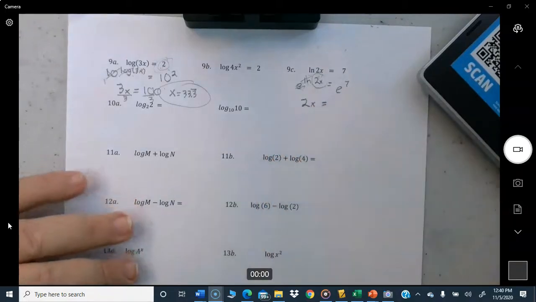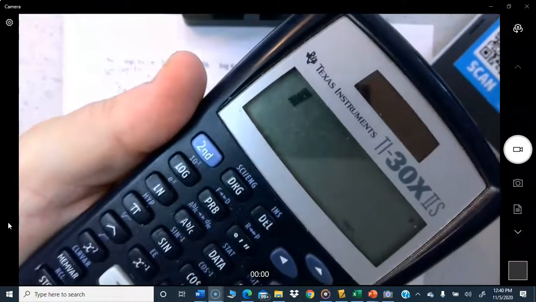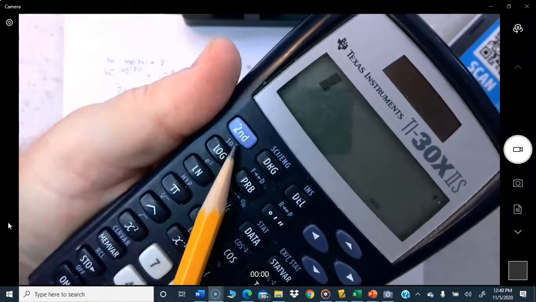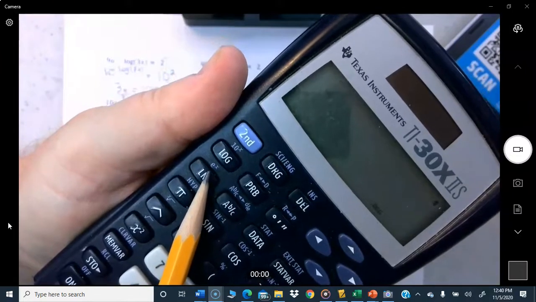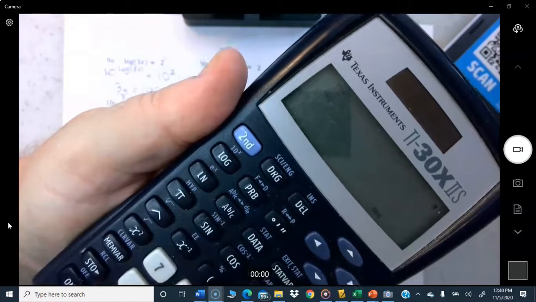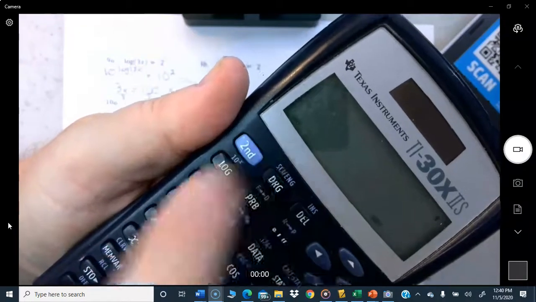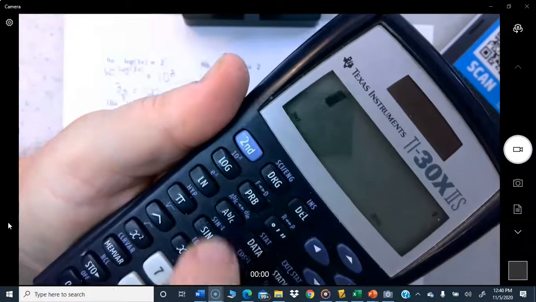And e to the 7th, let me show you how to do that. Okay, so there's log, and there's 10 to the x above it. Here's ln, natural log, and e to the x above it. So I need to raise e to the 7th power. So that's the secondary function, the light blue function. So I hit the second button, and nothing happens on the screen yet until I hit ln.